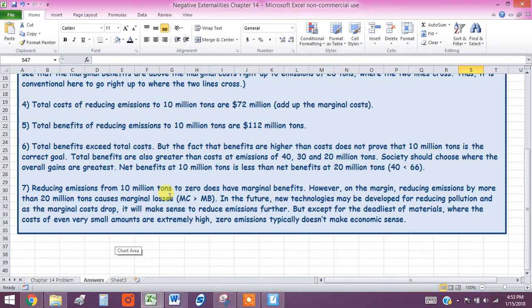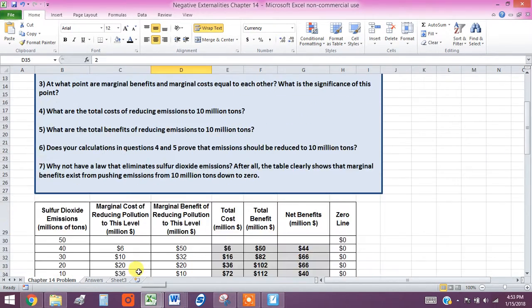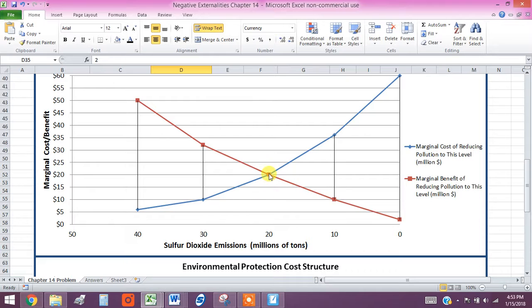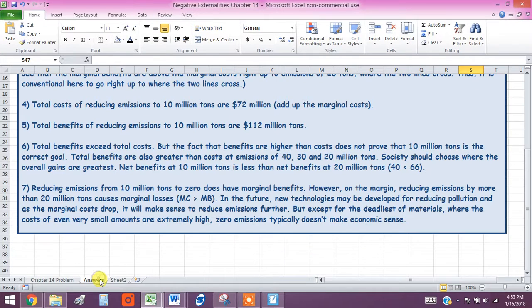Reducing emissions from 10 to 0 does have some small marginal benefits. However, on the margin, reducing emissions by more than 20 million tons causes marginal losses. In other words, once we get past 20 million right here, marginal cost is higher than marginal benefit. So we do not want to go past that point. Okay.